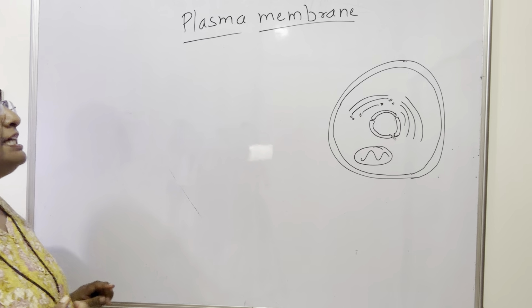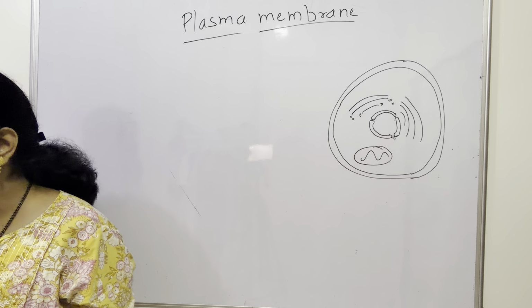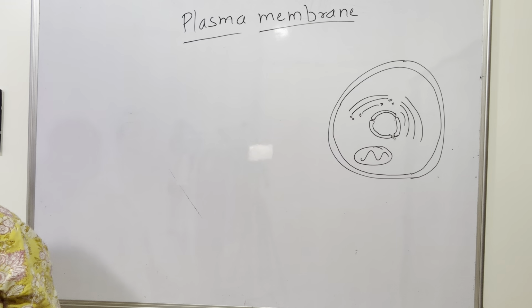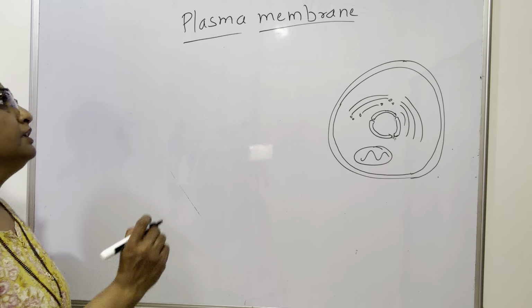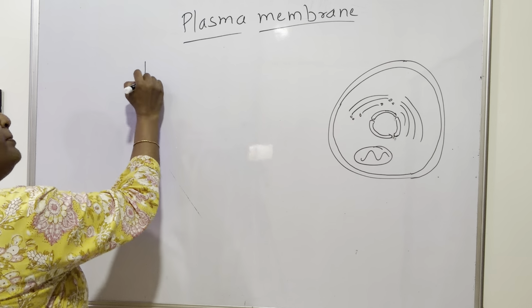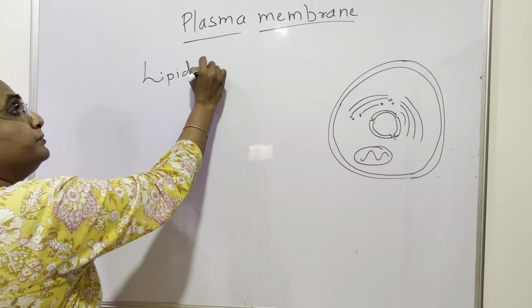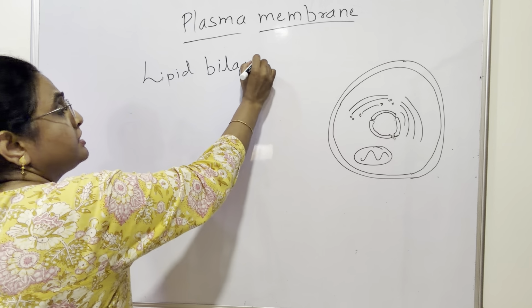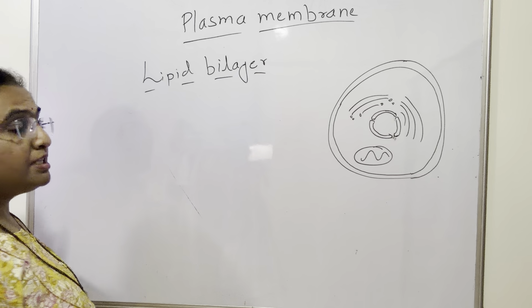Now basically when you look at the plasma membrane, it is nothing but a lipid bilayer. The plasma membrane is a lipid bilayer, and it consists of proteins.